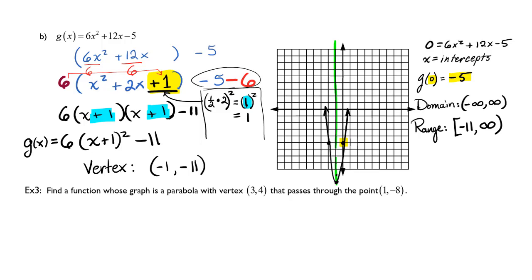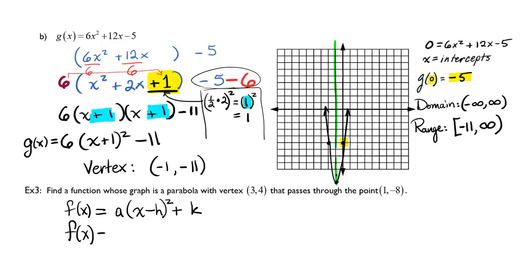We need to find a function whose graph is a parabola with vertex 3, 4 that passes through the point 1, -8. Well, we know that a function, we'll call it f of x, has the form a times the quantity x minus h squared plus k.